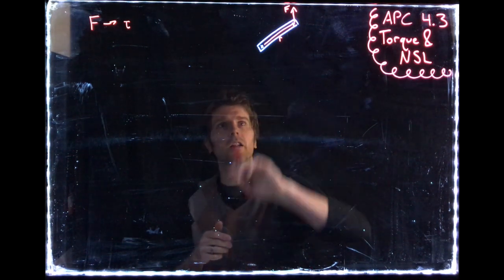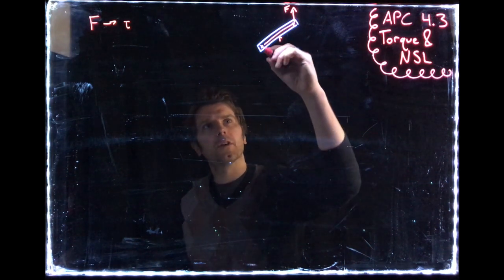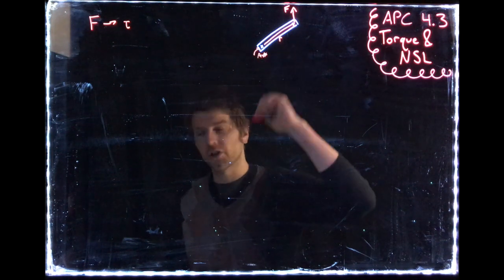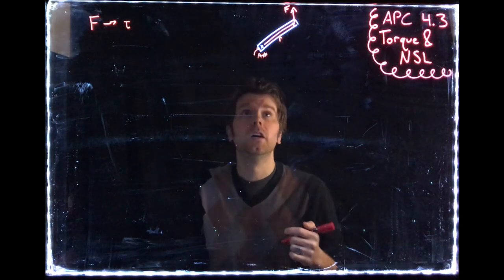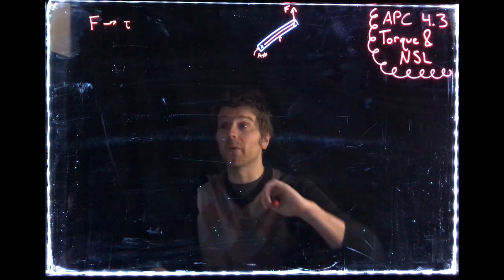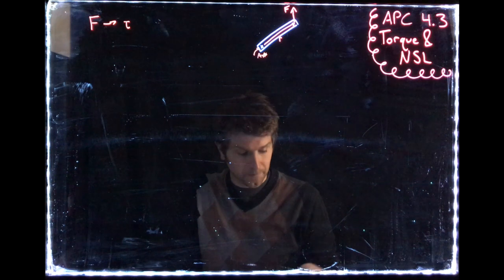And so here we've got some beam, and I'm going to note that we've got an axis right here. It's always important in rotational motion to know where your axis is. And I'm going to apply a force F at some distance r away from the axis. And it does actually matter how far away from the axis you are.